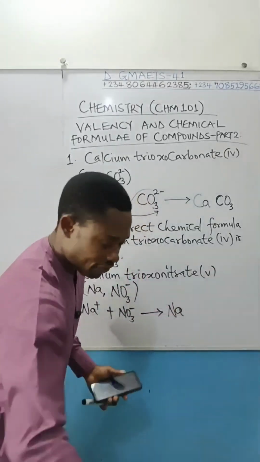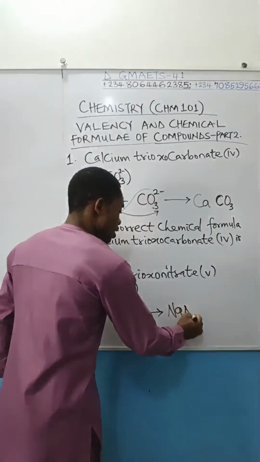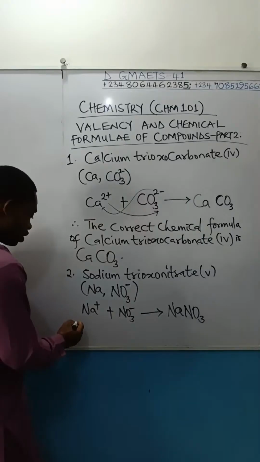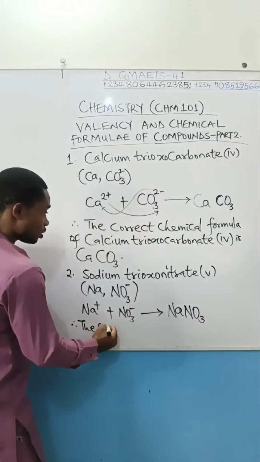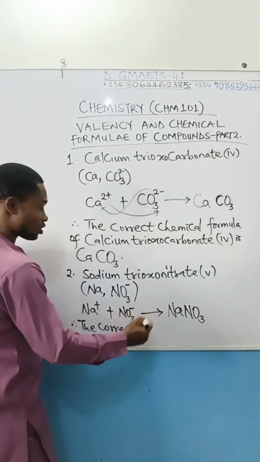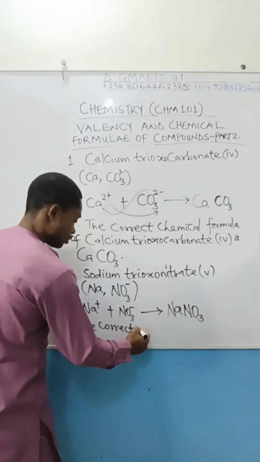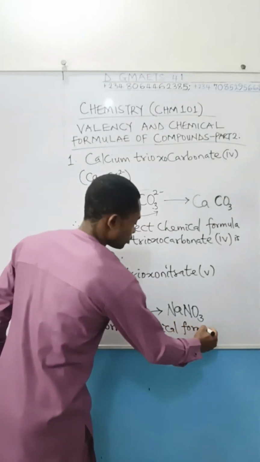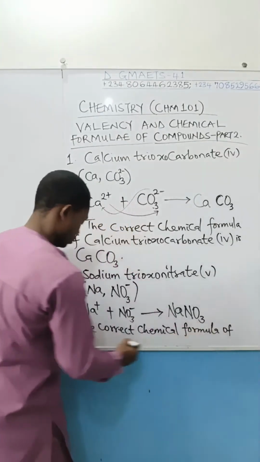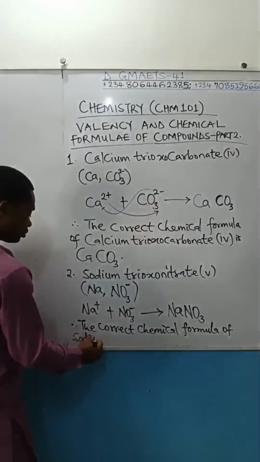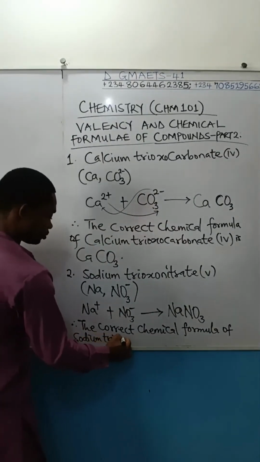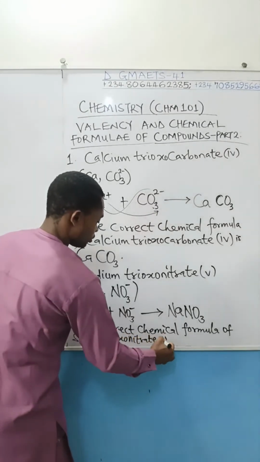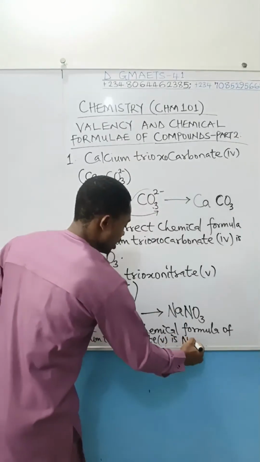Sodium trioxonitrate 5 is simply written as NaNO3. We conclude, therefore, the correct chemical formula of sodium trioxonitrate 5 is NaNO3.